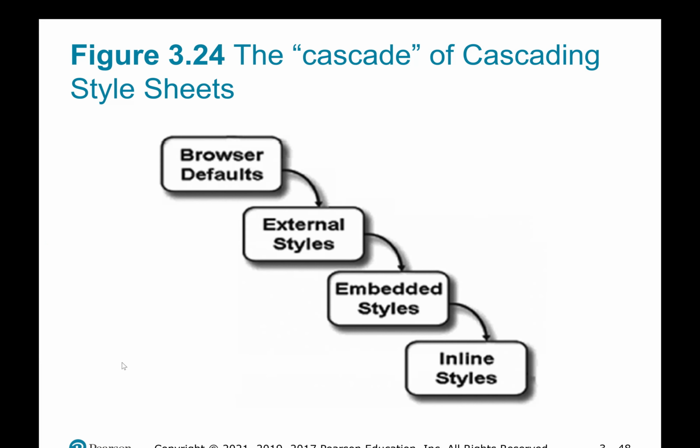So here's the precedence. The inline style gets the highest precedence, and the browser default gets the lowest. Next is the embedded styles. Embedded style has more precedence than the external styles, and the external styles have more precedence than the browser defaults.